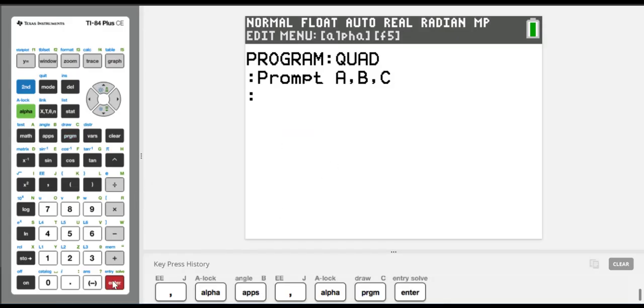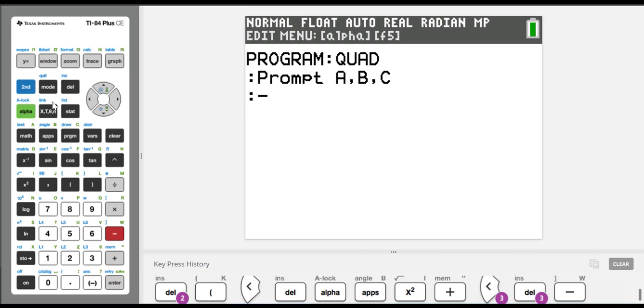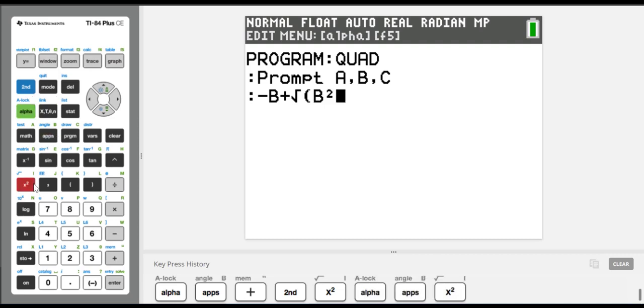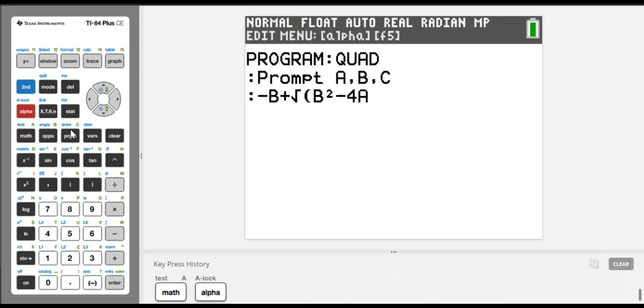Enter. So now we've got to store. Well, X is equal to negative B, alpha B, plus the square root of B squared, alpha B squared, minus 4, alpha A, alpha C, close my parentheses, divide.